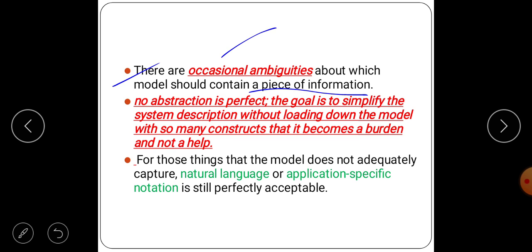Means there is not regular confusion about which model should contain the piece of information. Sometimes there will be some confusion about which model should contain this piece of information.